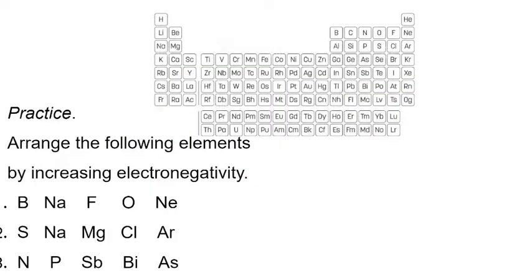Now, if we do a couple of examples here, if I want to arrange these elements in increasing electronegativity, these get a little bit complicated because normally we would just go from left to right or right to left if these elements are all in the same column. But anytime we have a noble gas, that one is automatically zero. That one is automatically the lowest, but then fluorine is the highest. So we're going to have to start this with neon if we are going increasing.